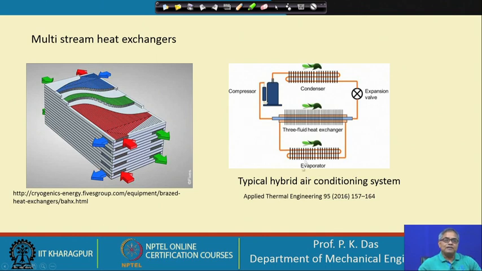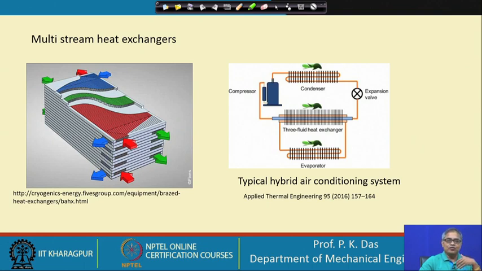On the left hand side, I have shown a plate fin heat exchanger. The plate fin heat exchanger is very versatile. I would like to proceed without giving much detail of the plate fin heat exchanger. You can take it now that this is a plate fin heat exchanger on the left side, and you can see that the arrows are of 3 different colors.